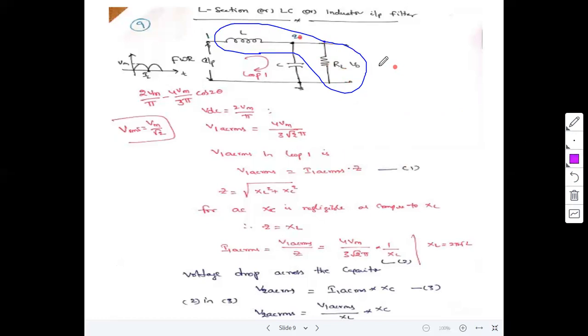For the capacitive filter, the ripple factor is inversely proportional to RL.